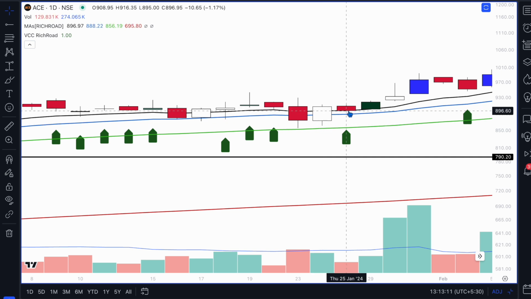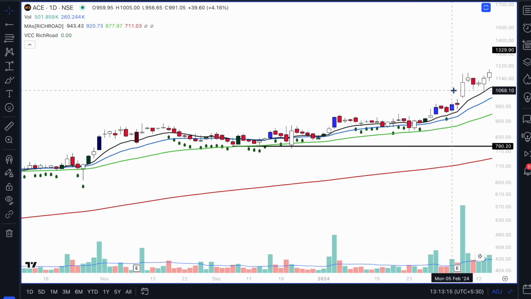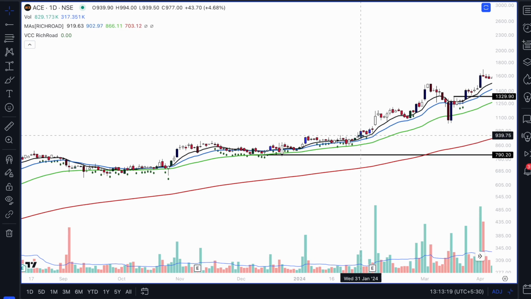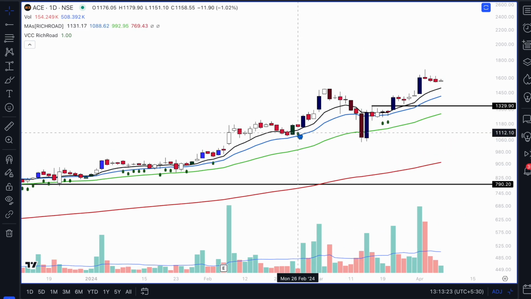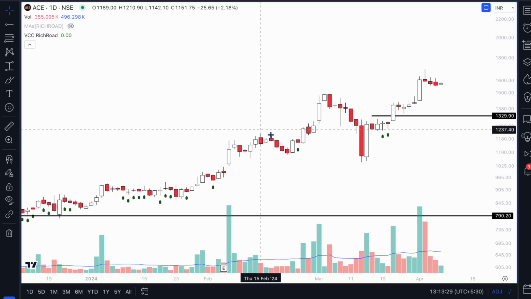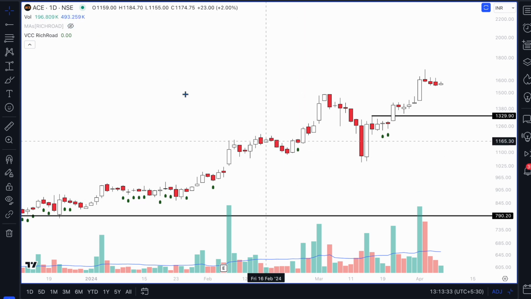You buy here as close to the 10 moving average, and then you get to see these moves happening. So this is very important. Once you understand all these things, just take care of one thing: on the left-hand side of this signal, there has to be a good-looking candle. Again, your candles might not be colored. They might look like this, but make sure there are good candles on the left-hand side.